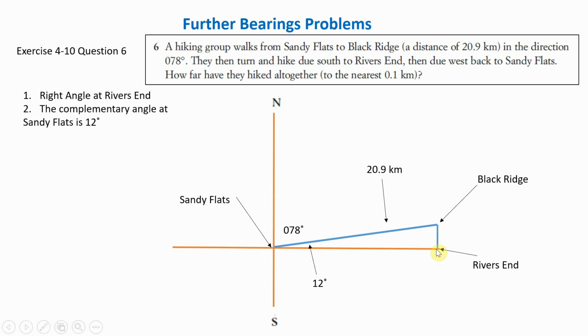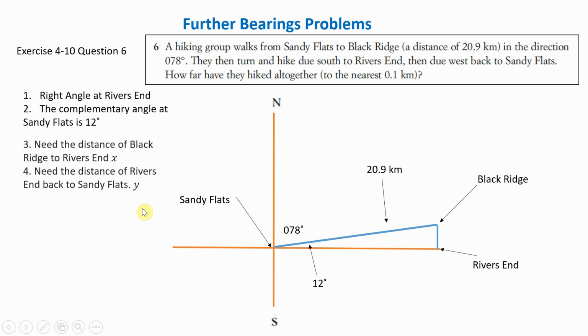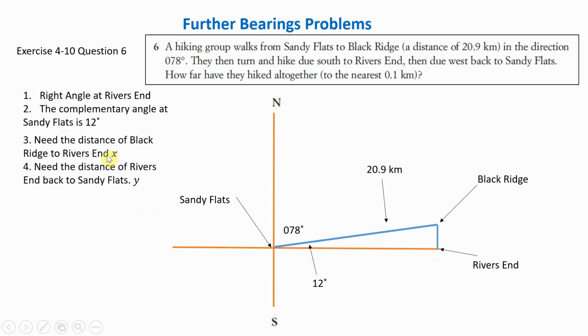And the Sandy Flats to River's End side, that's the adjacent side to 12 degrees. So let's have a look. I've labelled the Black Ridge to River's End as x, and the River's End to Sandy Flats as y, just for convenience sake, just to help us with our calculations.